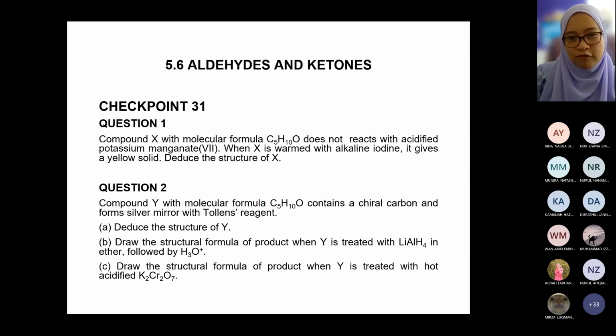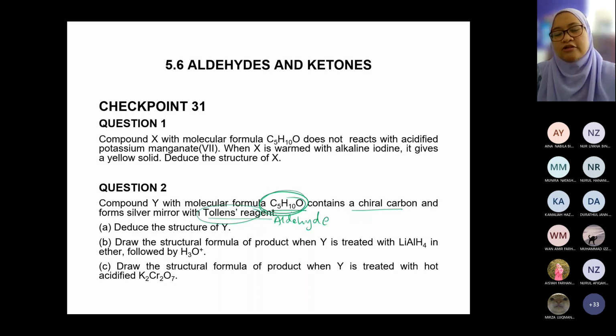Okay, nampak macam soalan nombor 2 kan? Compound Y with molecular formula of this contain a chiral carbon and form silver mirror with Tollens reagent. Kalau dia bagi positive result for Tollens reagent, okay, maksudnya dia dah bagi hint dekat situ, this should be aldehyde. This should be aldehyde. Cumanya, kita nak tahu structure dia for this aldehyde. C5H10O.